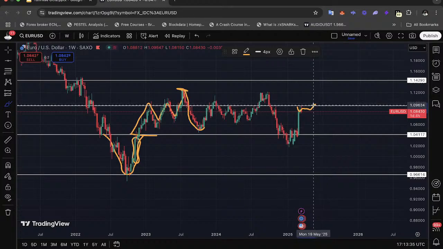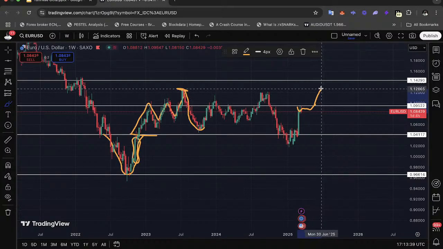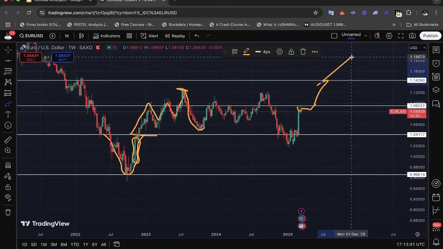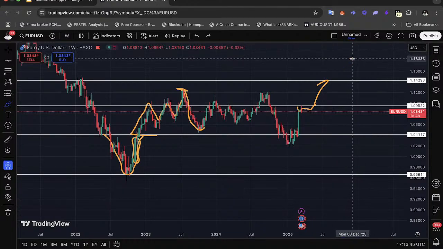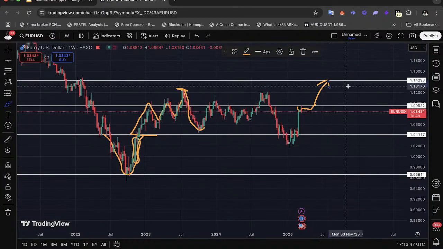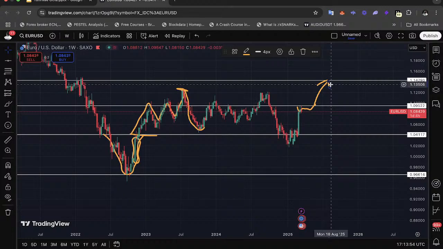But there will be a defining moment of continuous push in price.